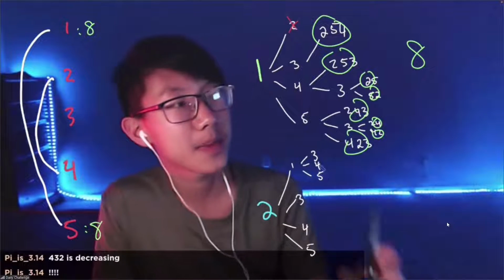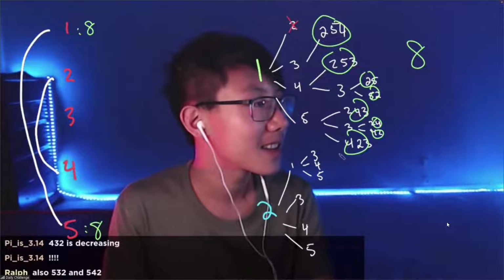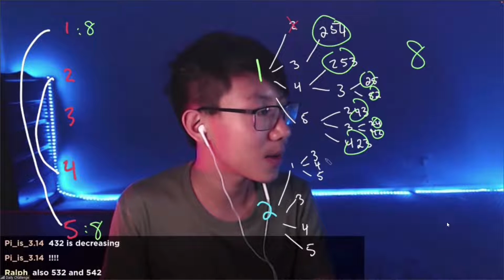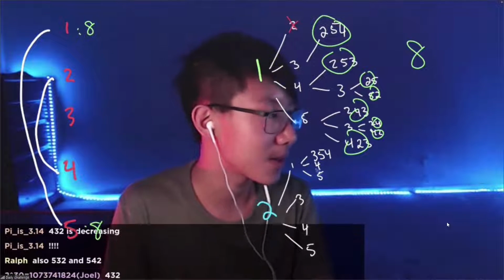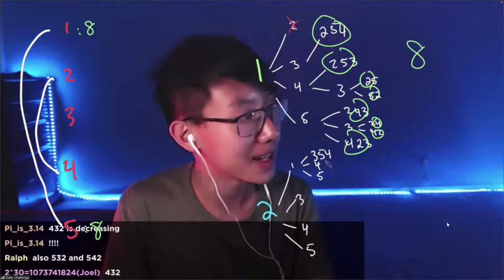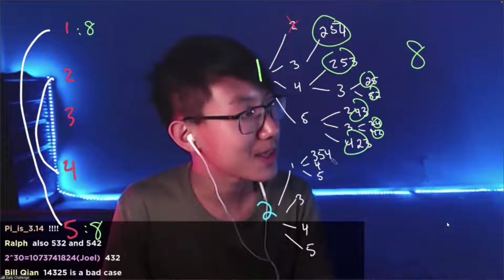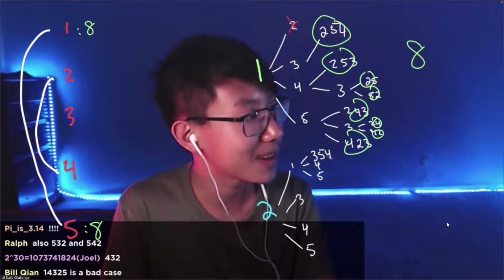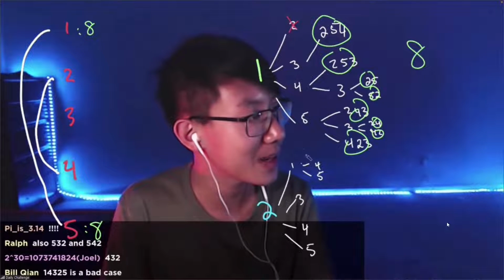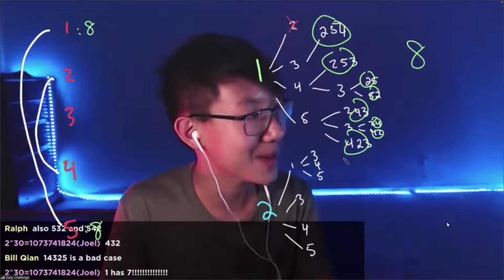But the problem is, if I go 2, 1, 5, actually there's no problem. Never mind, scratch that. So 2, 1 has to go 3, 5, 4. Otherwise, 3, 5, 4 is always increasing. 2, 1, 4 can't be. Oh, wait a minute. I've made a lot of mistakes because 1, 3, 5 is not going to work at all. I hope I didn't make a bunch of these. Now I have to go check my work.